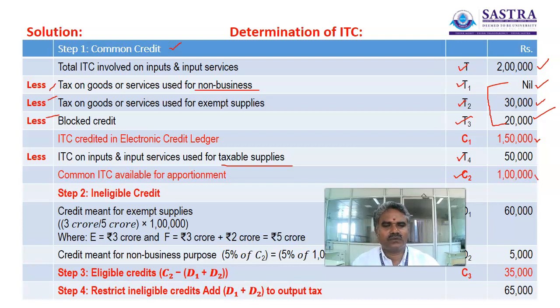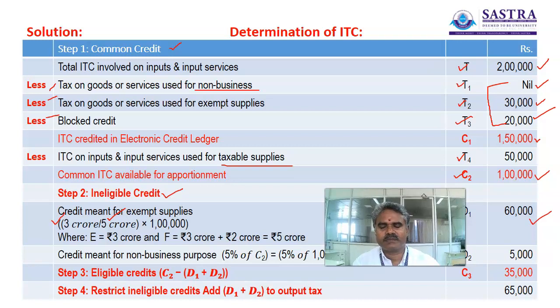Now you calculate ineligible credit, credit meant for exempt service, 3 lakh exempt, 5 lakh total. So 3 by 5 into C2, 60,000.